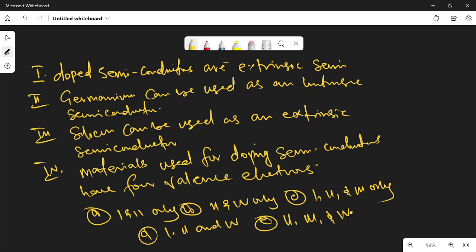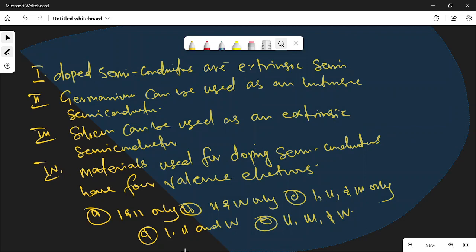So the correct answer there is A. Germanium can be used as an intrinsic semiconductor, but silicon is an intrinsic semiconductor, not extrinsic. The material used for doping can only have either 3 valency electrons or 5 valency electrons. Okay, let's move to the next question.